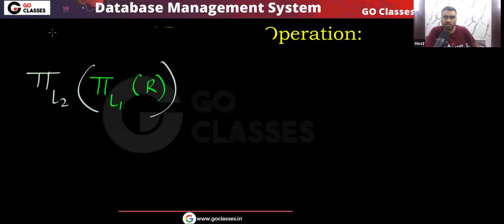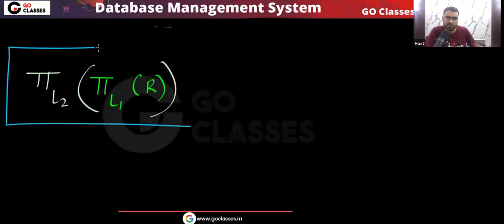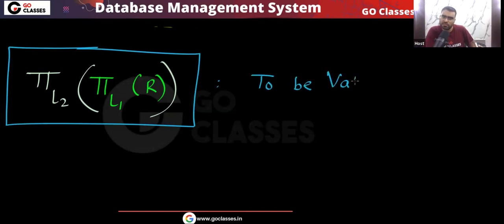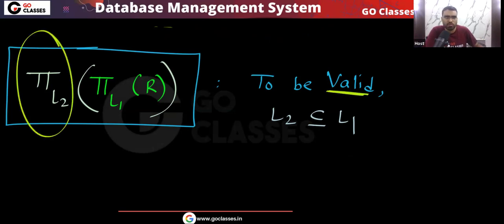Okay, this is a simple thing. I'm asking, for this to be valid, what will happen? L2 must be a subset of L1, if this should be valid. Is this clear? Is this understood? Very simple point.